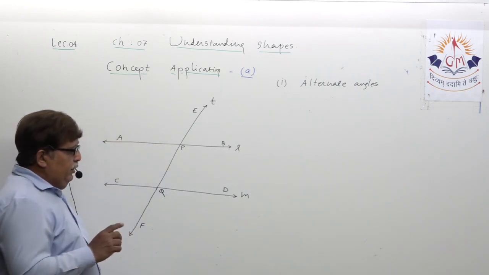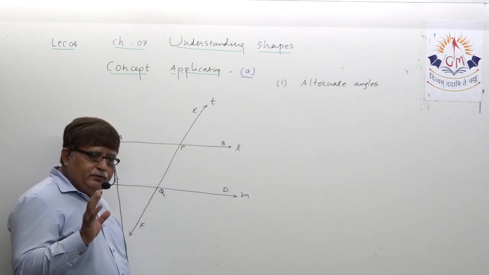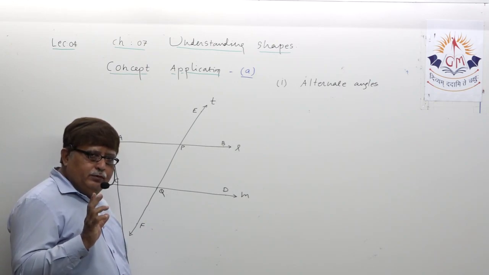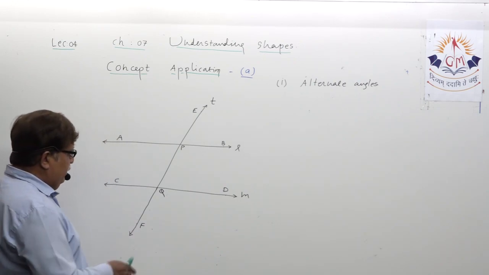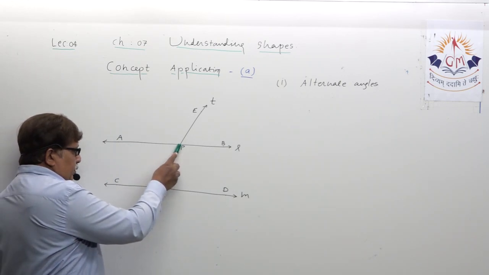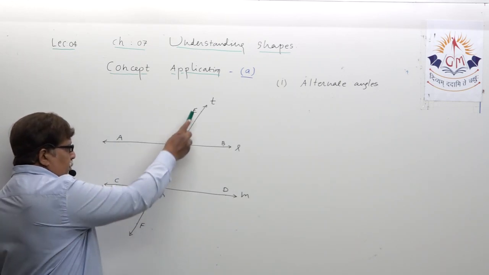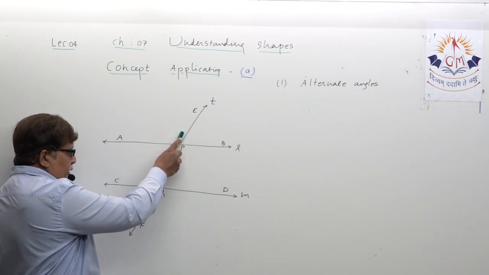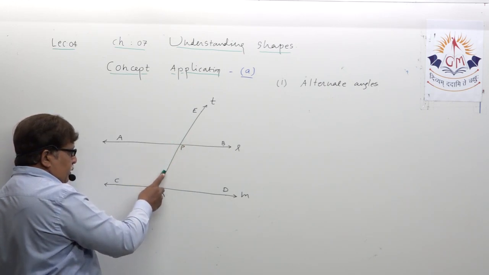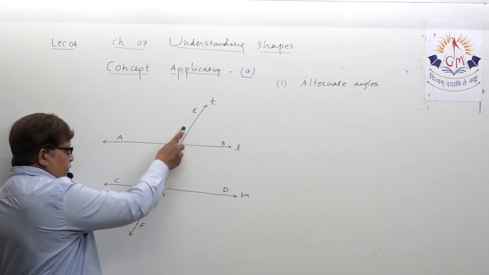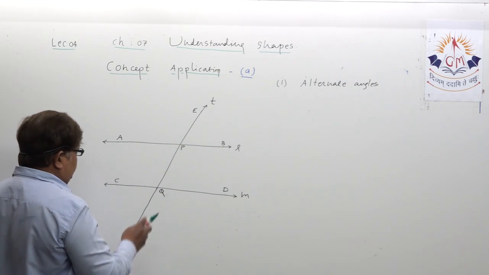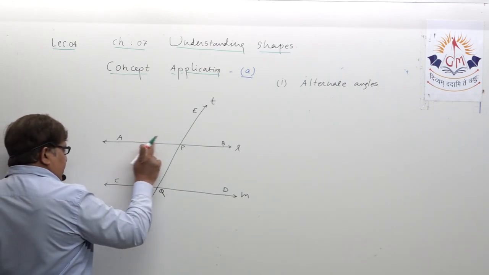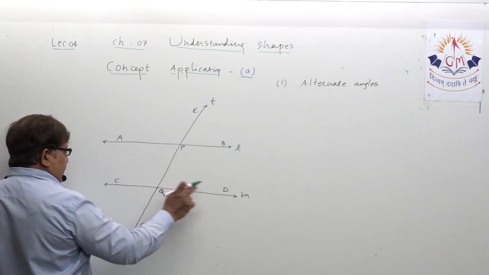Whenever you are asked to find pairs of alternate angles, you first have to concentrate on this line T, which is actually called the transversal. Now please concentrate, try to make a Z shape.